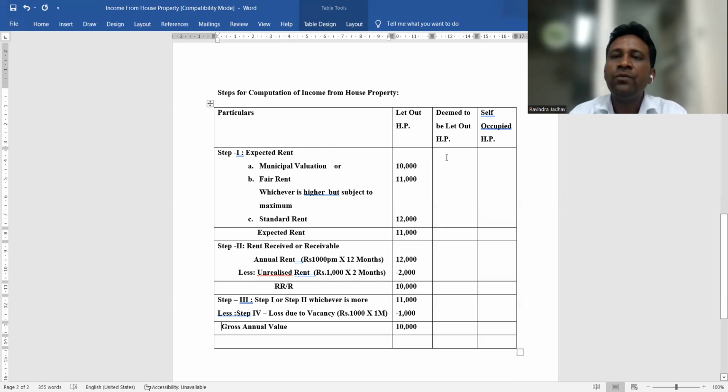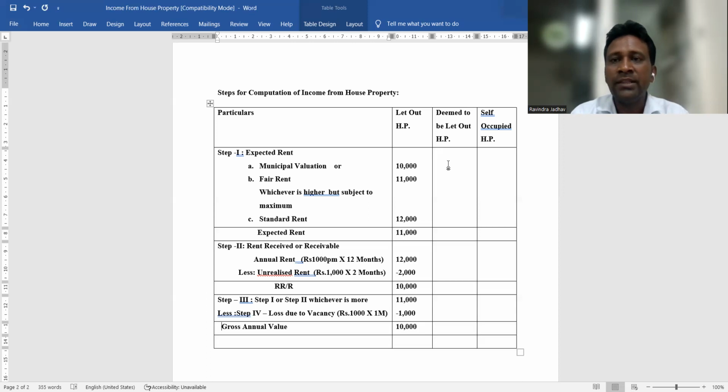Okay, now we are going to discuss deemed to be let out house property. What do you mean by deemed to be let out house property? Particularly if the owner has more than 2 houses, we already discussed it.